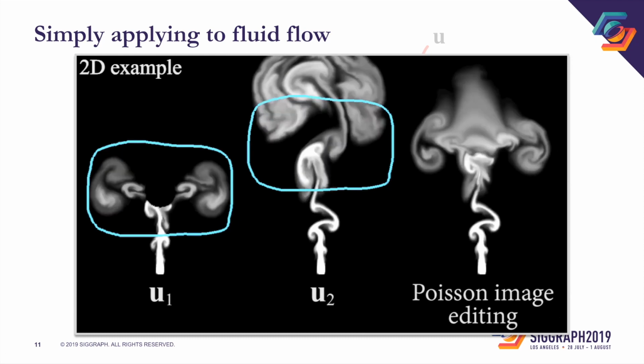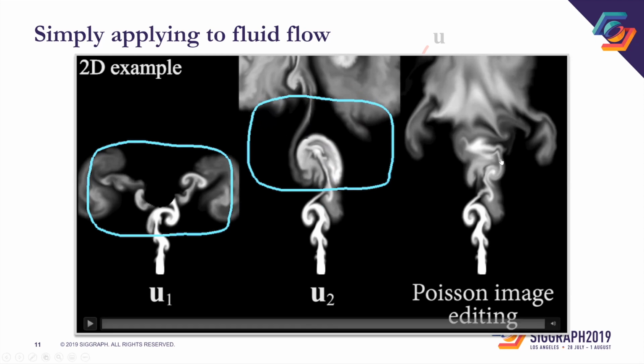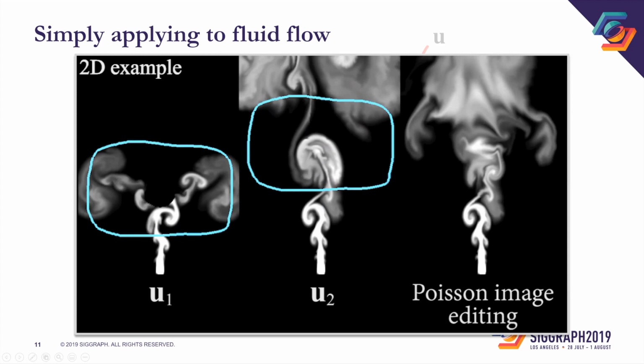You see the result is not very realistic. The result is very different from what we expect. The Poisson image editing technique modifies the velocity field inside the copied region, so the resulting velocity field is too blurry, and the results are not very good.